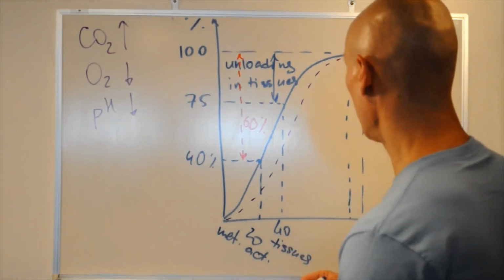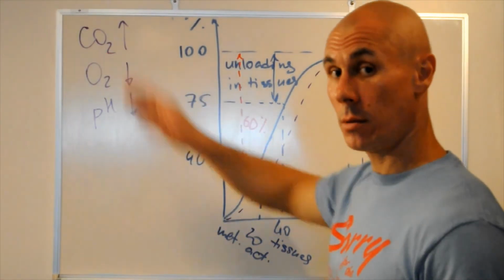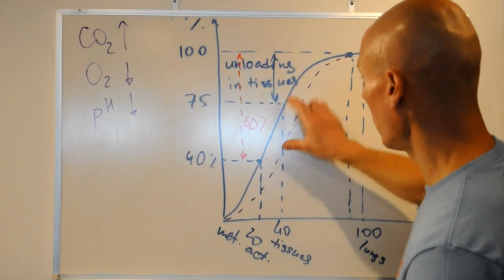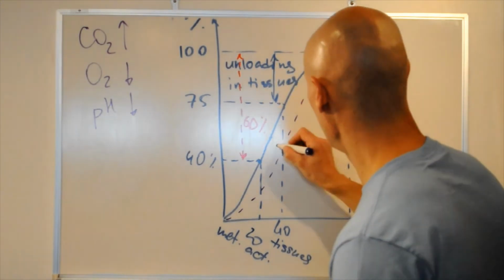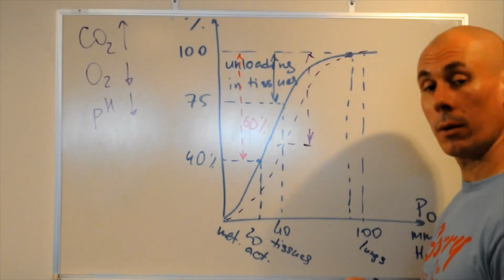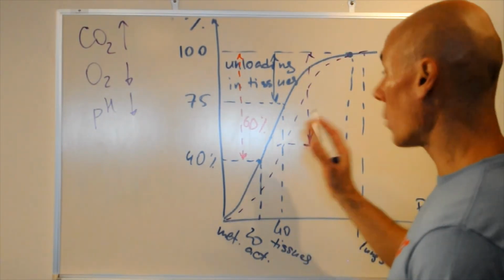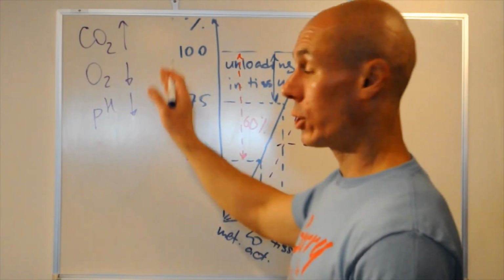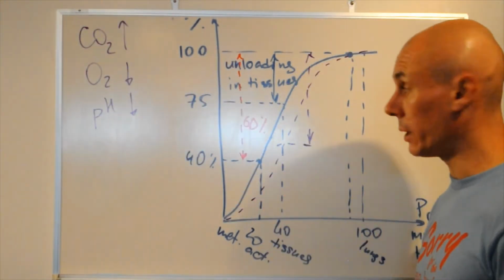So what it means, if CO2 in the tissue increases, at the same partial pressure, you will have higher unloading. Okay? So that's what we say when we say the curve shifts to the right. So basically the curve shifts to the right in the metabolically active tissues.